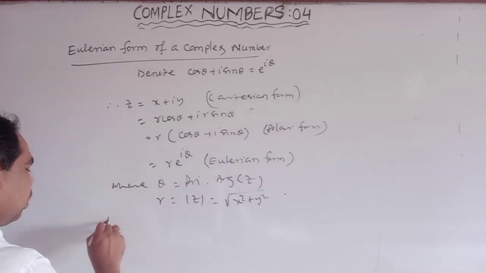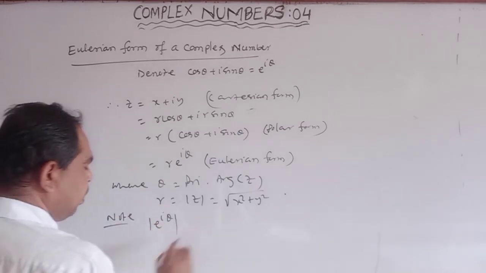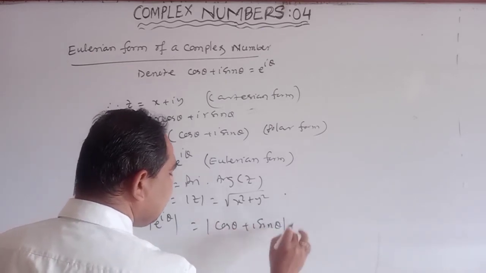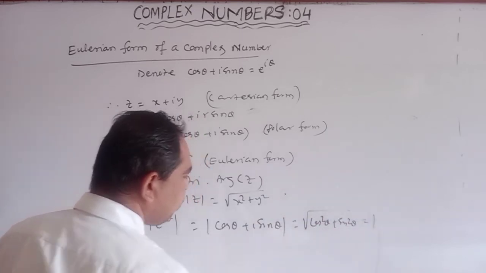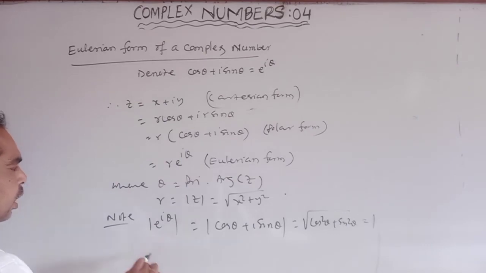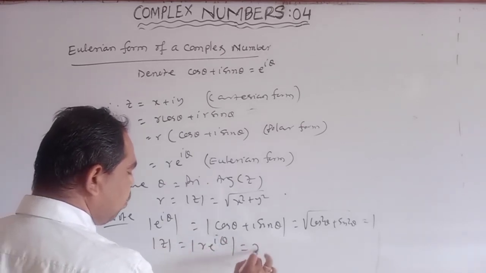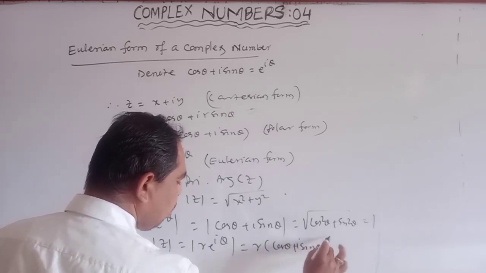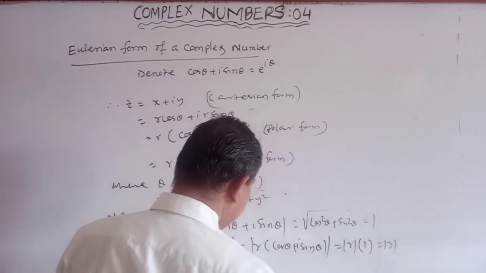Remember, note: mod of e to power i theta is equal to mod of cos theta plus i sin theta is equal to square root of cos square theta plus sin square theta, which is equal to 1. Okay. Mod of z is equal to mod of r e to power i theta, which is mod of r into cos theta plus i sin theta. Mod is equal to mod r into 1, which is equal to mod r.